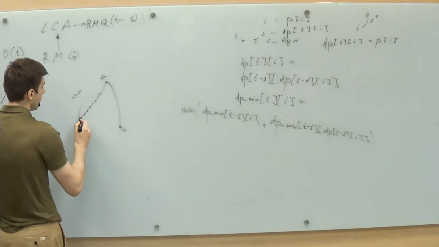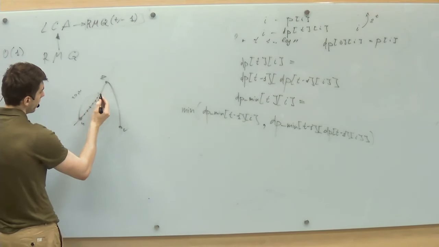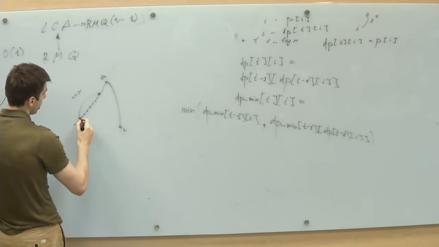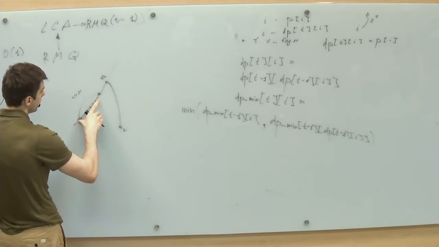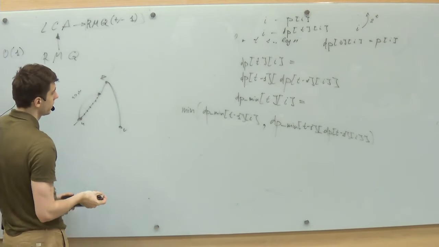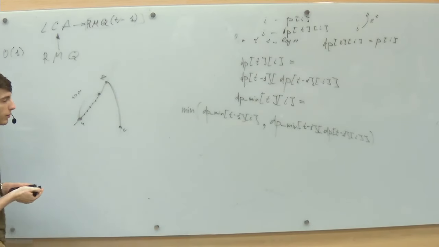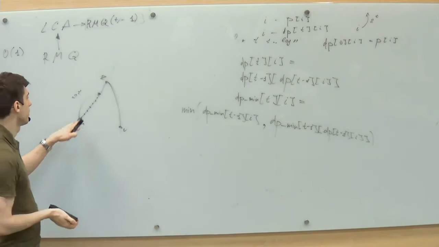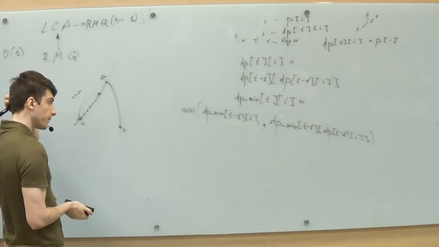So when you climb up to the LCA, you collect the minimum values you skipped, and after that you take the global minimum among all of them, and this gives you the global minimum on the path.